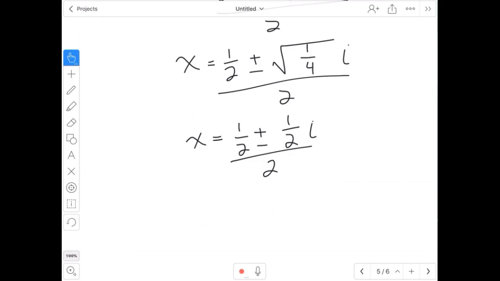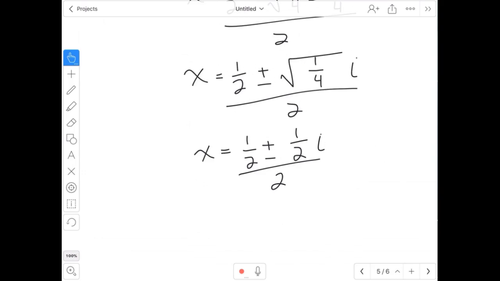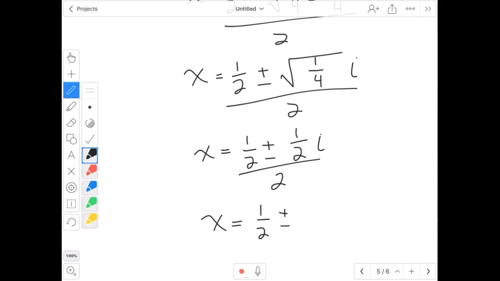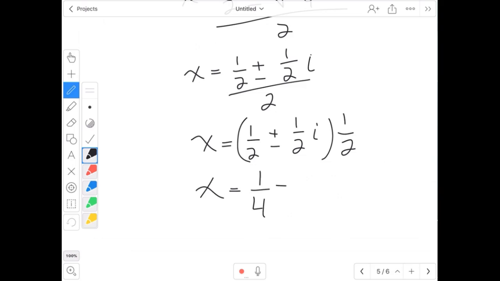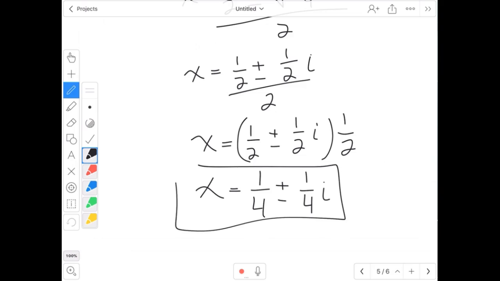So that I can have x equals 1/2 plus or minus 1/2 i, and then I'm multiplying by the reciprocal, which would be multiplying by 1/2. So that would be the final answer, x equals 1/4 plus or minus 1/4 i. That's what we would have in the end there.